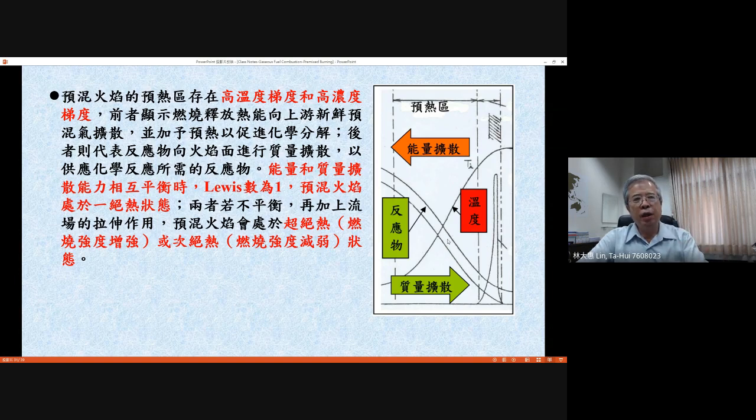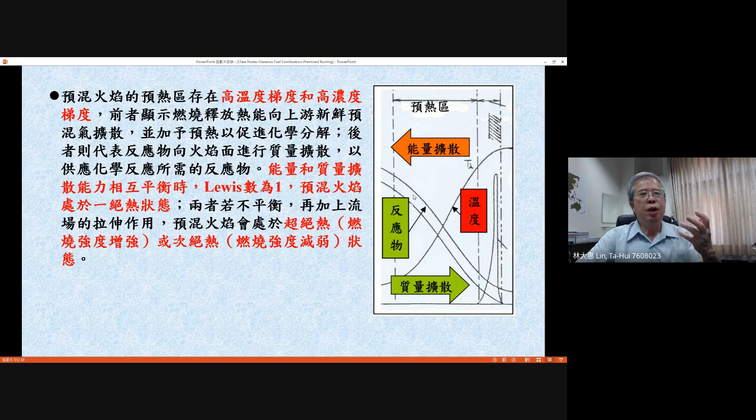Those reactants will be completely consumed when the chemical reaction completes, except for some additional reactants left if the mixture is not at the stoichiometric ratio. But you can see there is still a so-called concentration gradient in the preheating zone for both fuel and oxygen.